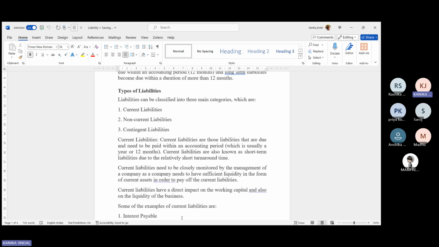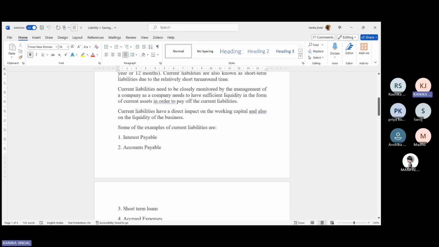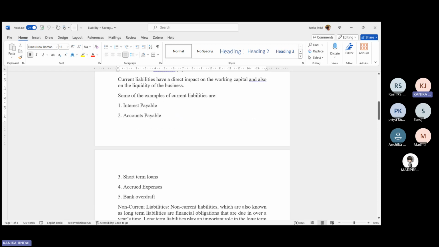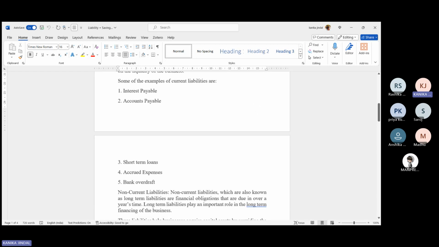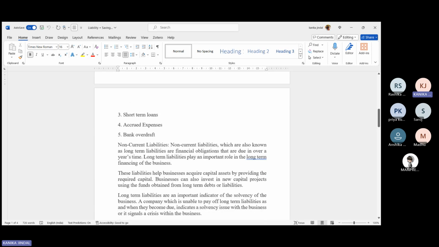So if we have more and more current liabilities, that will reduce our working capital and also impact the liquidity of our business. Some examples of current liabilities are interest payable, accounts payable, short-term loans, accrued expenses, bank overdraft, etc. So these are a few examples of current liabilities.